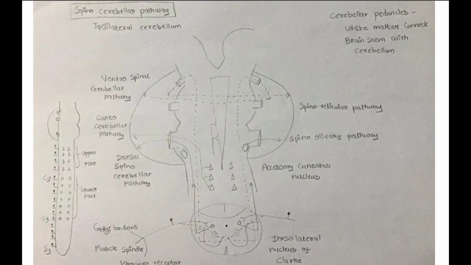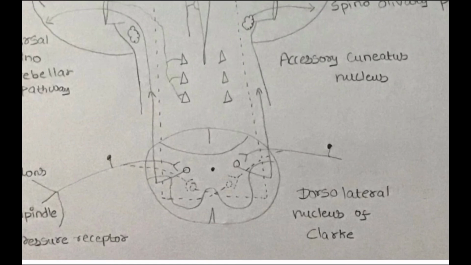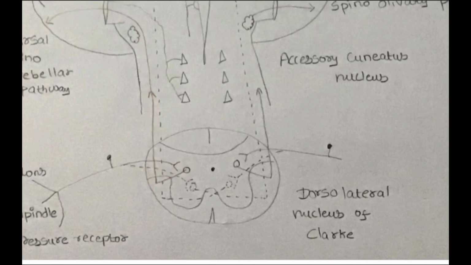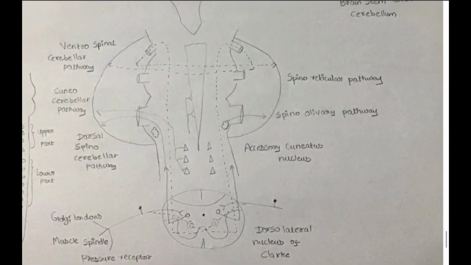Now we will see this spinocerebellar pathway. You know, the sensory nerve fibers in the anterolateral system will meet the second order neurons inside the spinal cord. In the spinocerebellar pathway, from this second order neuron, the nerve fibers will go upwards on the same side, that is on the ipsilateral side, and will go upwards to the cerebellum through the inferior peduncle. So what is this peduncle?